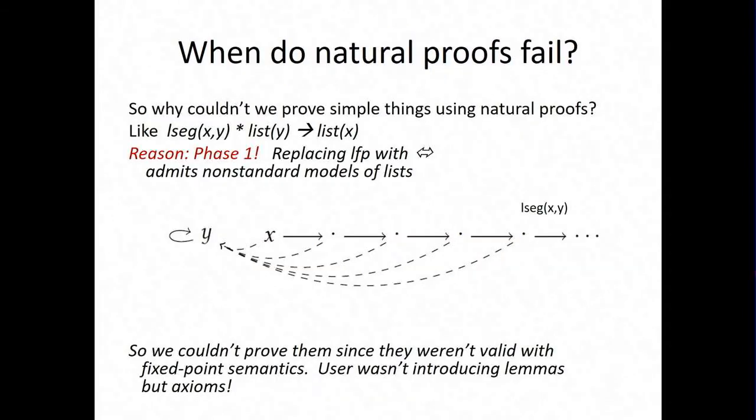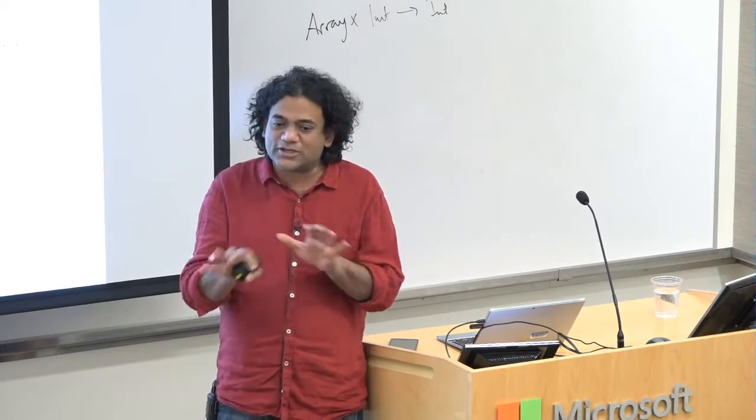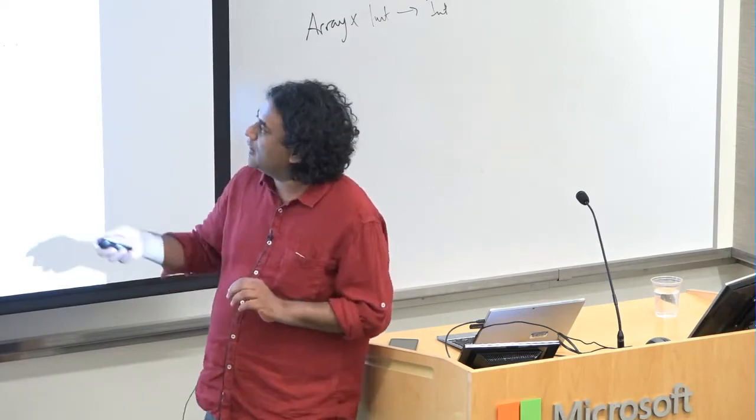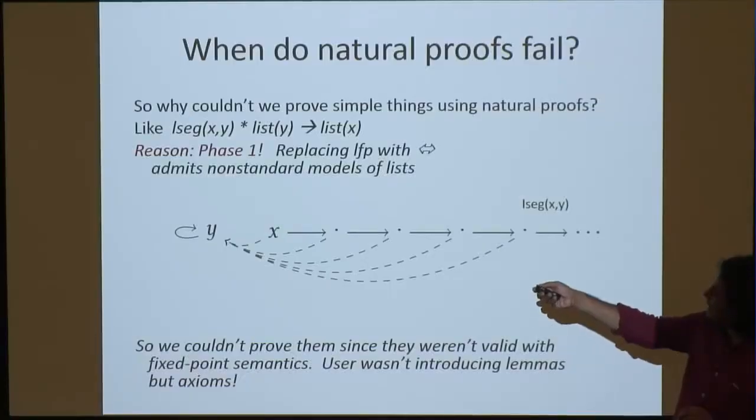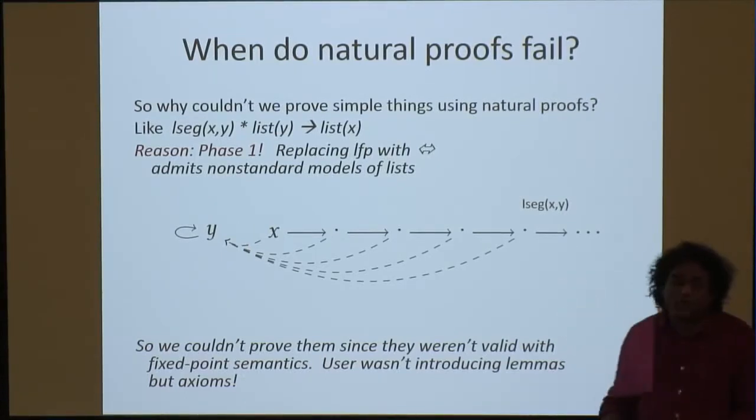So why can't we prove things? In natural proofs, there are lots of simple things we cannot prove, and the user has to give axioms for it. Usually, if you define two data structures, the relation between them is typically not provable. For example, given lseg xy and a disjoint list y, you get a list x. If you unfold, you'll never be able to prove this theorem.